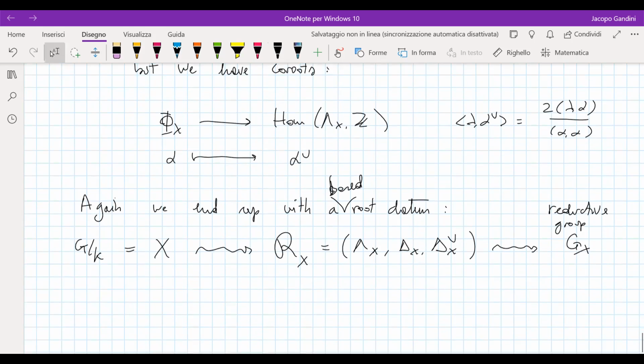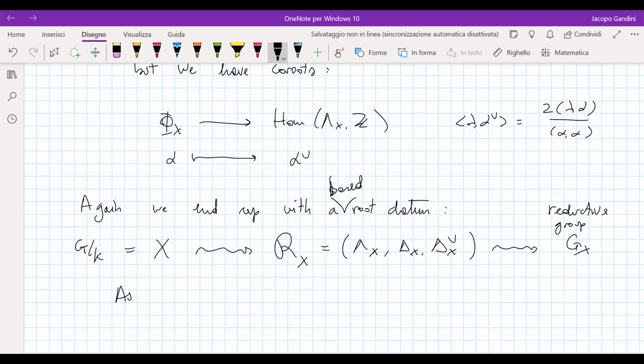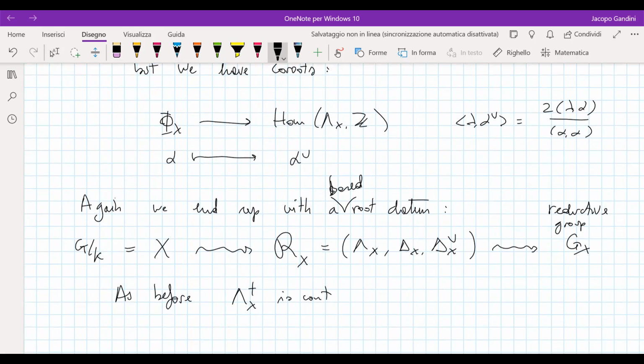Okay, and again, as before. So lambda X plus now doesn't really coincide with the dominant weights of this root datum, but at least it's contained in the monoid of dominant weights of Rx.